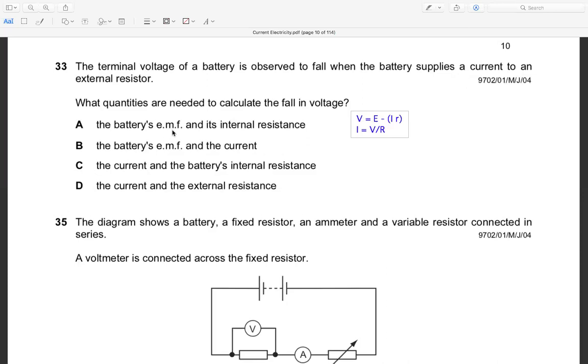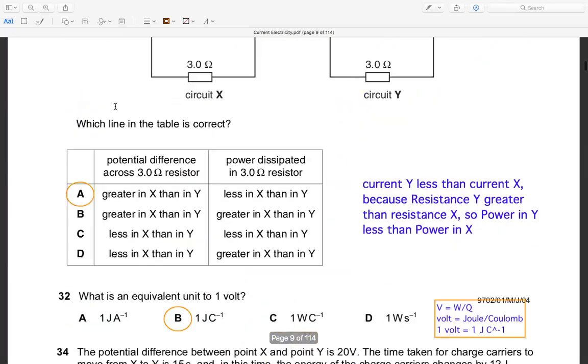The battery EMF and its internal resistance. Okay, that's it.